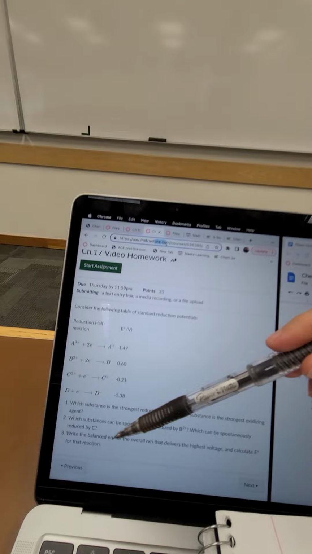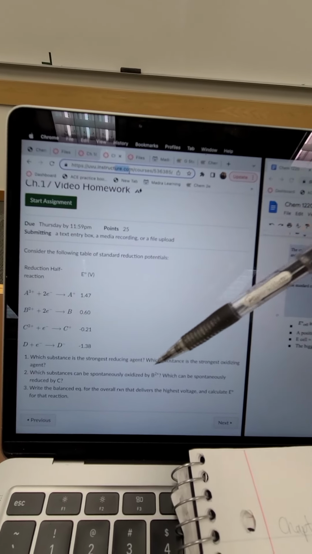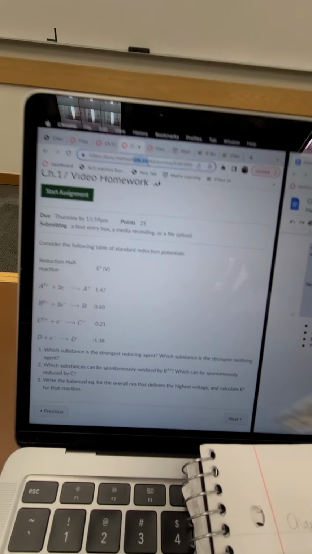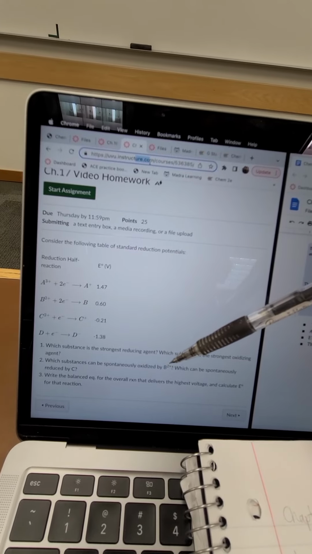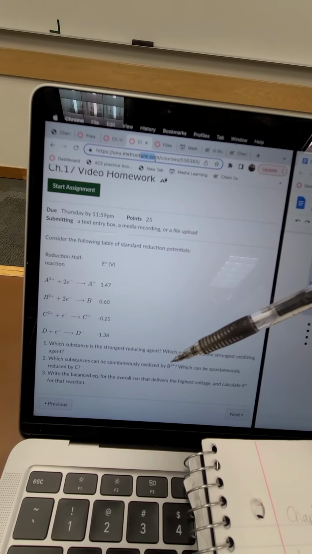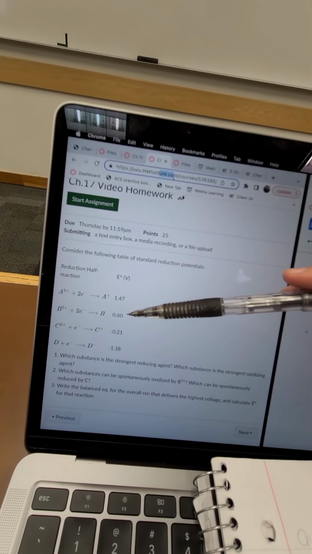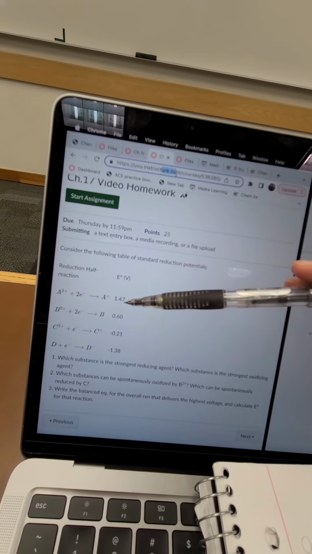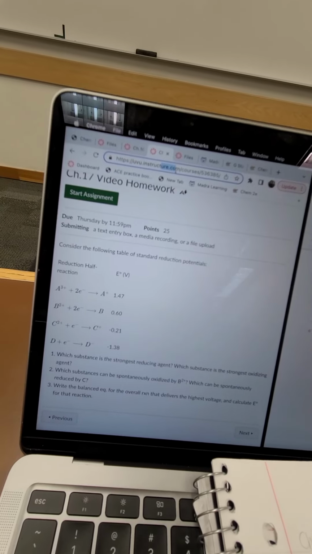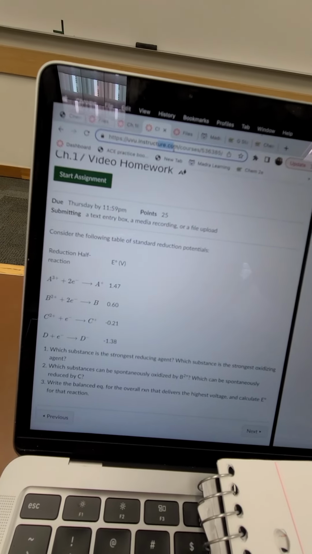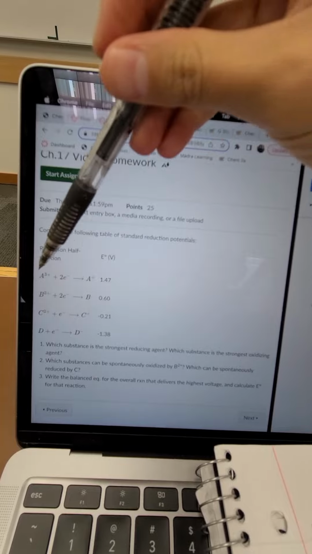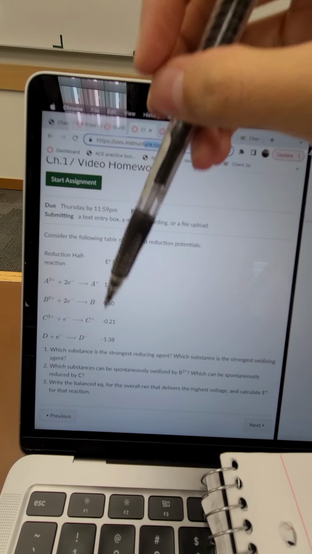And then it says which substance can be spontaneously oxidized by B2 plus. So if it's being oxidized by B2 plus, we need B2 plus to be going in a reduction reaction. So that's what we have here. And then the rest of these need to be going in an oxidation reaction. So we'll flip the equations and we'll flip the signs.